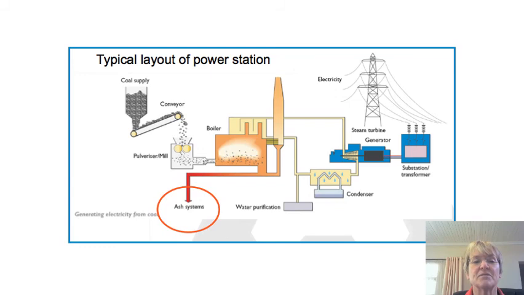There's the typical layout of the power station. You can see there the coal that is pulverized into very fine particles, heating inside the boiler. From the condenser side, you have your water coming, which is then heated, and the heat is transferred here under pressure.